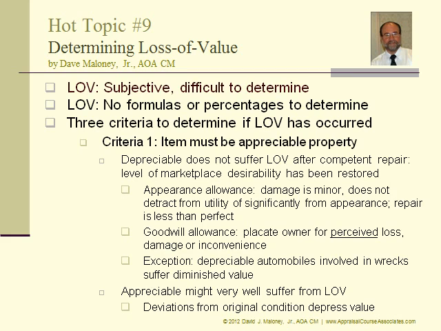Loss of value is subjective and difficult to determine. Whereas replacement cost can be based on well-documented asking prices, and market value can be based on well-documented past sales of comparable items, loss of value cannot be determined so precisely.